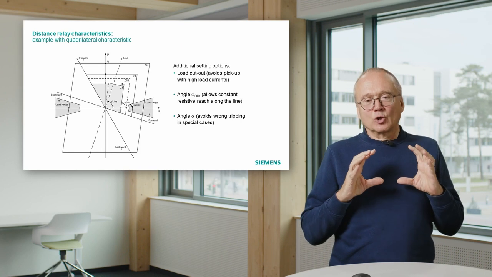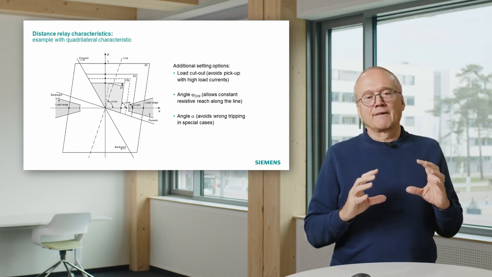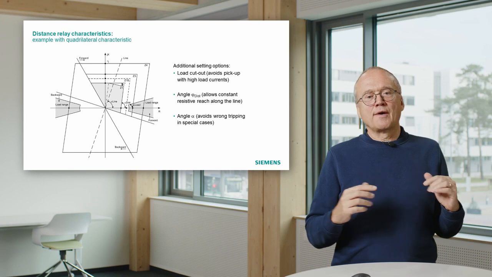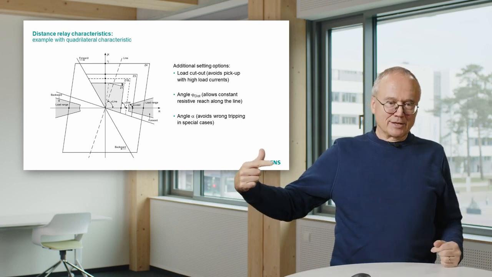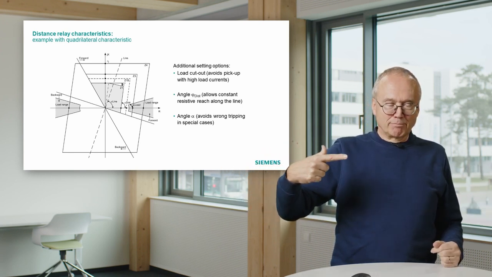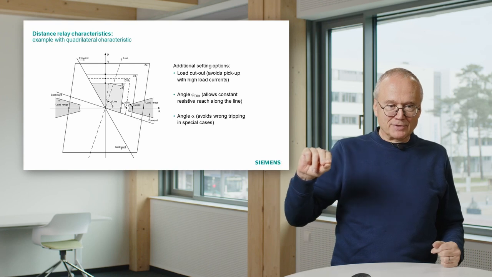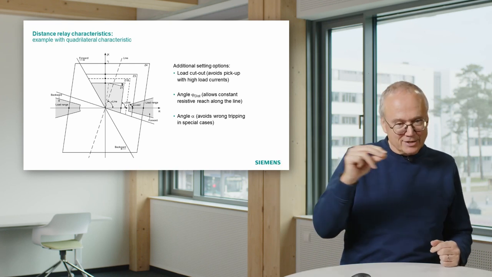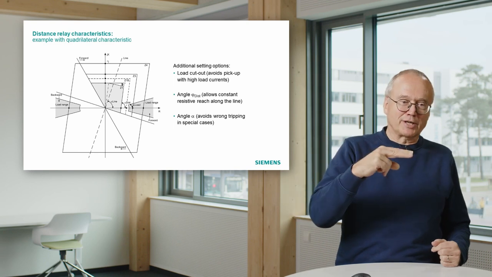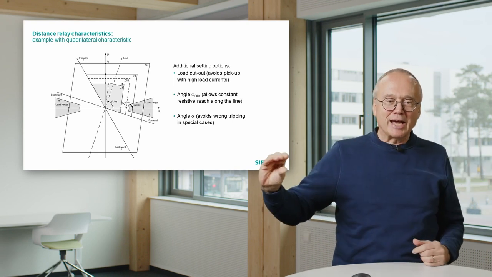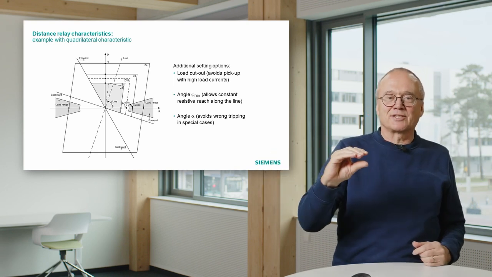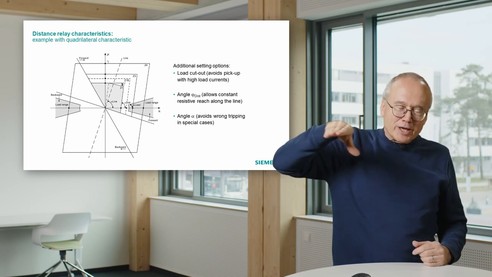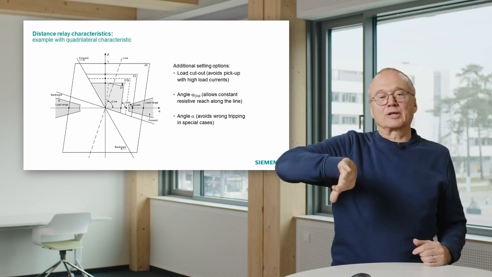These load cutouts have been designed to allow, on one hand, that the load point, or the measured impedance, can move somehow into the characteristic, can approach the characteristic. That means in that area where the load typically is around the resistive axis, there we cut out a little bit of the characteristic.